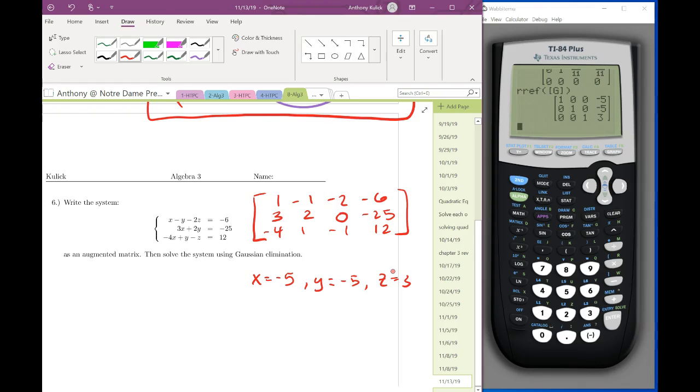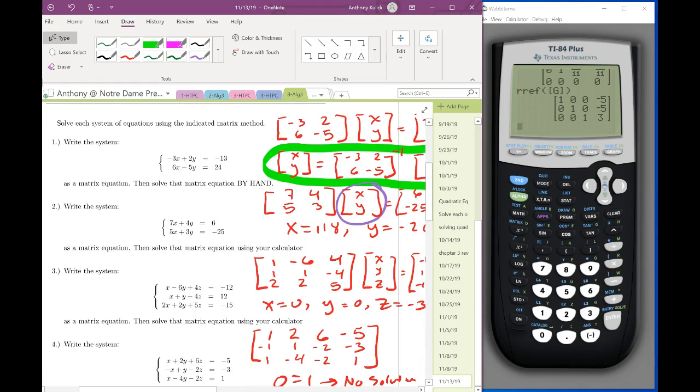Tommy? When you load up the equation, how can you separate the 6 and 5 and 12? So this is a different process. We have 2 different processes for solving systems using matrices. One is Gaussian elimination, where we use the RREF. The other is using a matrix equation, where we do A inverse times B. They're just 2 different processes.